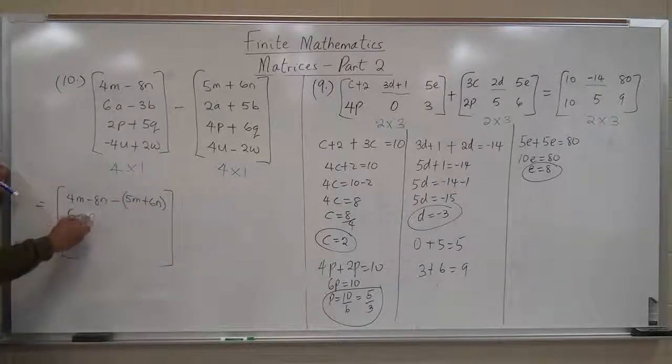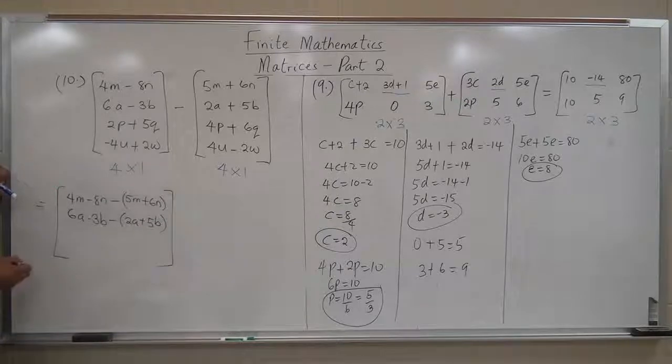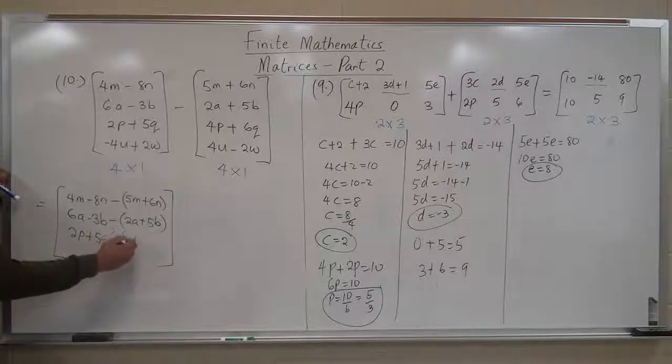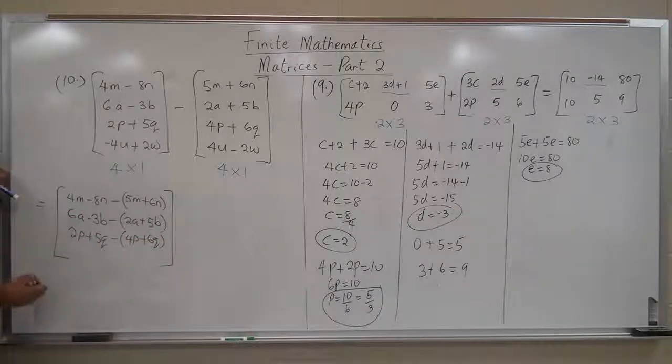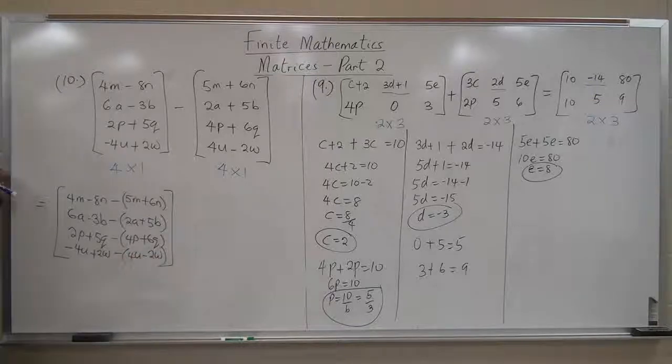Then this is 6a minus 3b minus 2a plus 5b. This is 2p plus 5q minus 4p plus 6q. And this is 4u plus 2w minus 4u minus 2w.